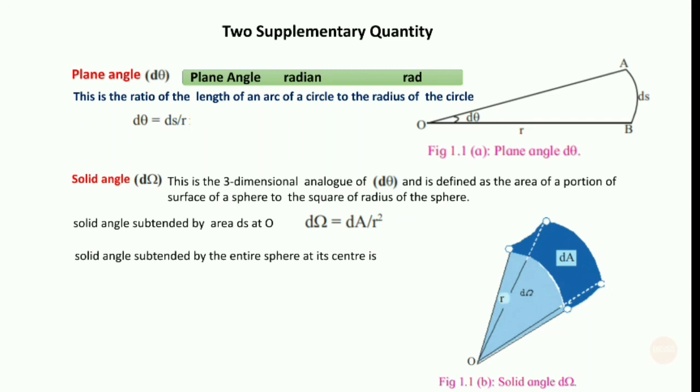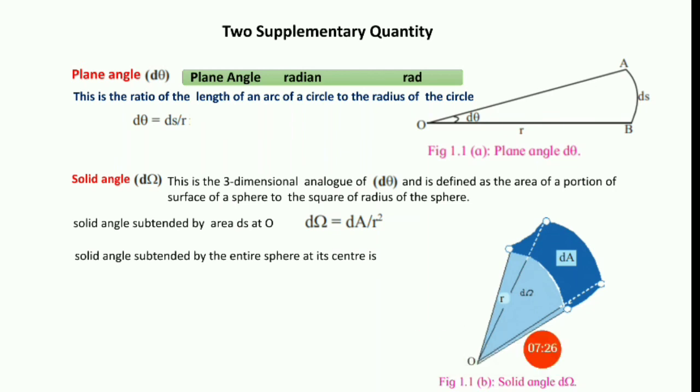So, for the solid angle subtended by the area dA at a point O, d omega is equal to dA upon r square. Similarly, we can calculate the solid angle subtended by the entire sphere. We know that for a sphere the area is 4 pi r square, and if I divide it by r square, r square gets cancelled.